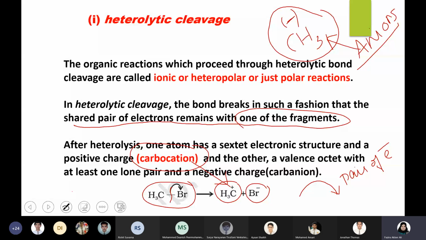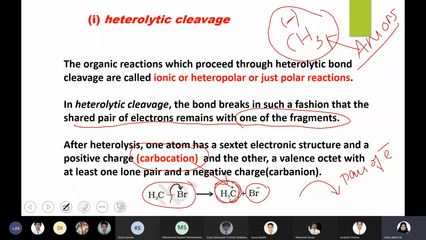It is not compulsory that every heterolytic cleavage will give you both a carbocation and a carbanion. Either one of them will be present. In this example, a carbocation is formed, and in some other cleavage you may get a carbanion. So a positive fragment containing carbon is a carbocation, and a negative fragment containing carbon is a carbanion.